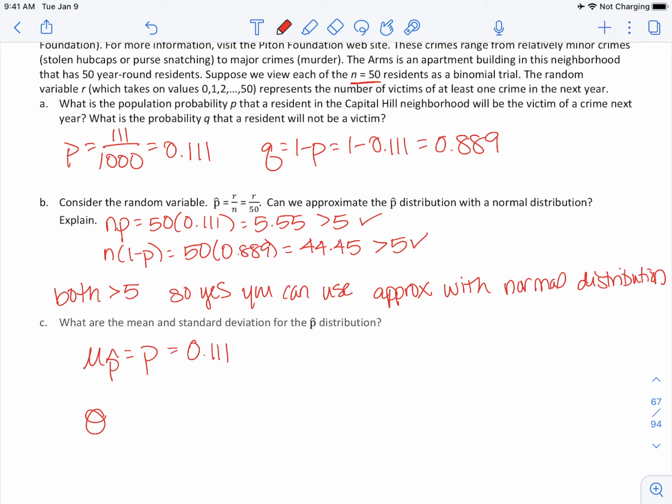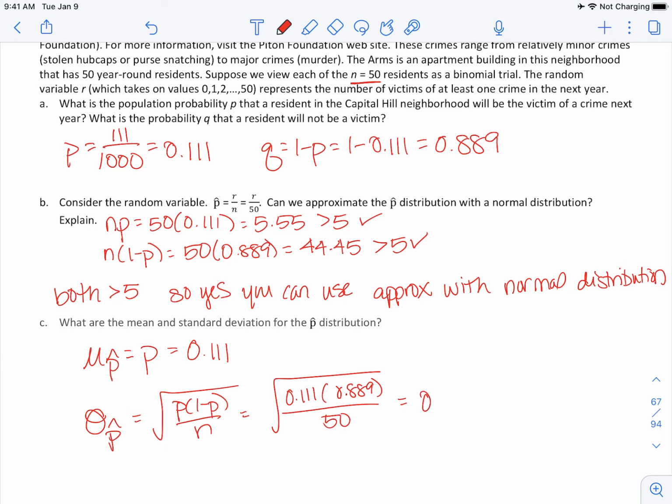And our standard deviation, sigma of P hat, is going to be the square root of P times 1 minus P divided by N. So this is the square root of 0.111 times 0.889 divided by 50, which gives us 0.0444. And that is the end of our notes for the unit.